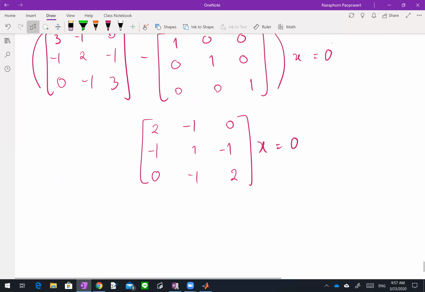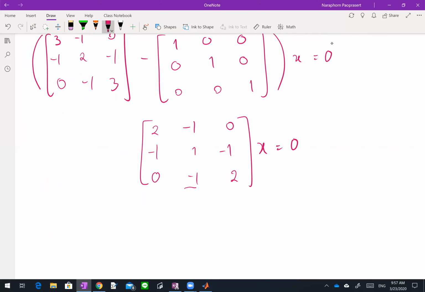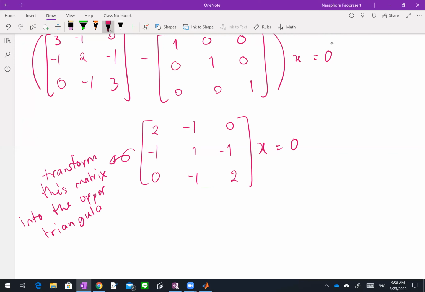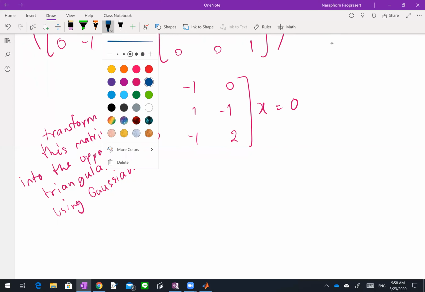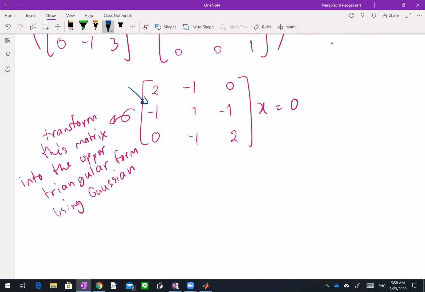Again, you have a homogeneous system of equations. However, the matrix is not yet in upper triangular form. So transform this matrix into upper triangular form using just the normal Gaussian elimination, going back to something from before the midterm, right?